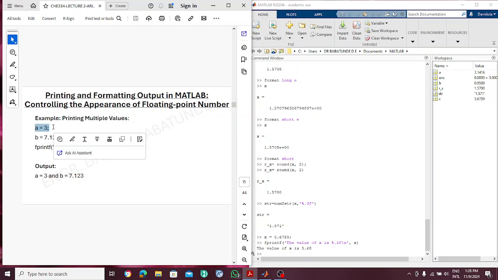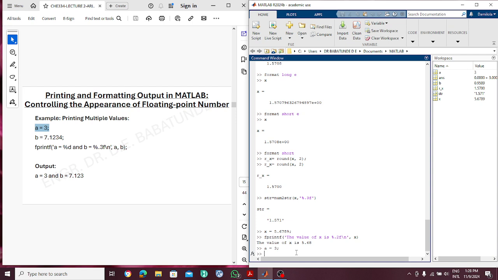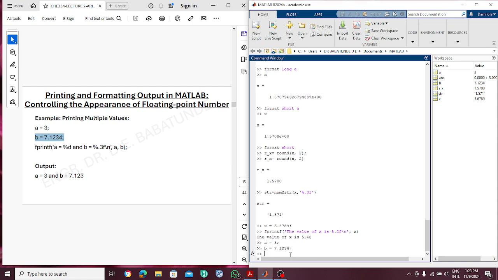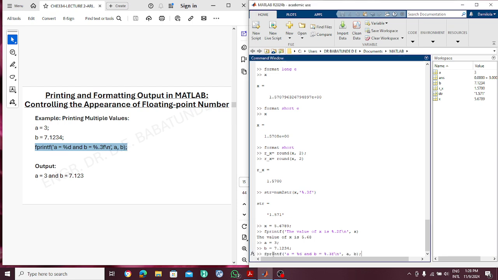We want to create a variable a which is equal to 3. We create a variable b that is equal to 7.1234. Now we want to print a equals to that value and b equals to that value, but in this case now to 3 decimal places.